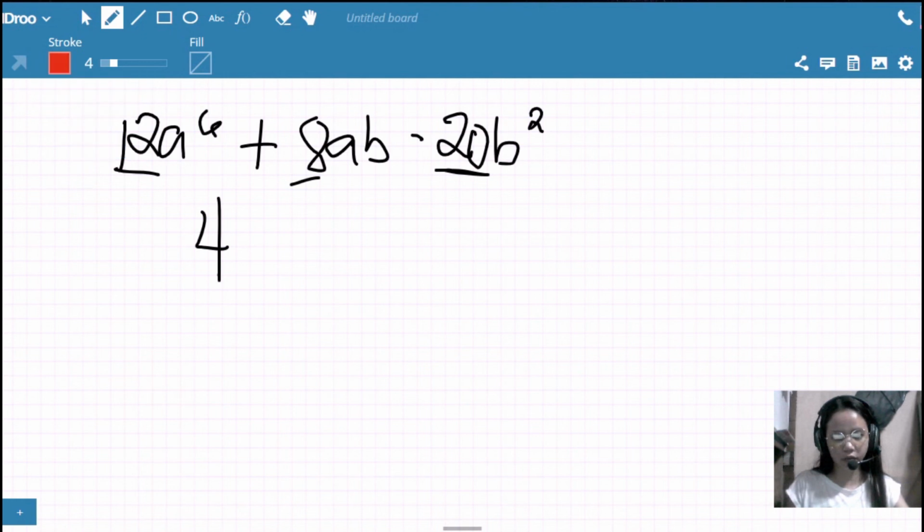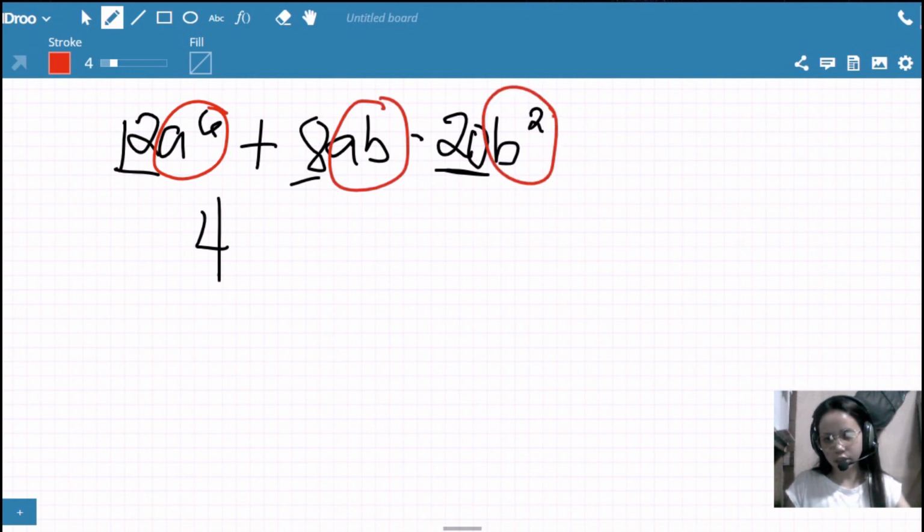So we have a raised to 6, and then a times b here, and then b squared. Now if you will notice, there is no consistent variable present in each term, so we will not be considering the variable this time. So therefore, the only factor that we will have here is 4, or the GCF is 4 among the terms.